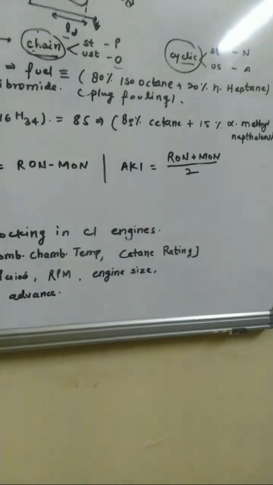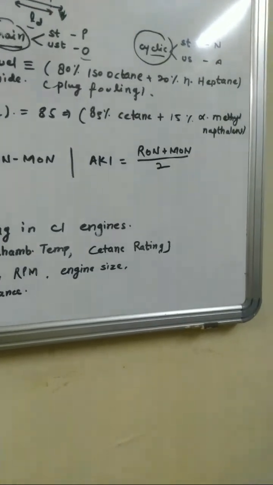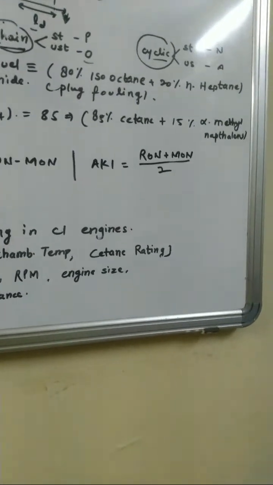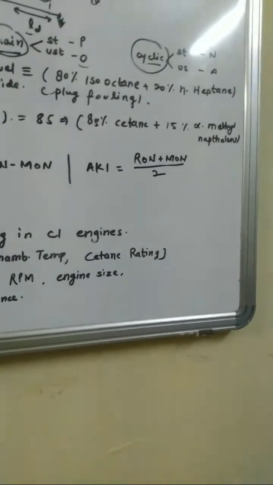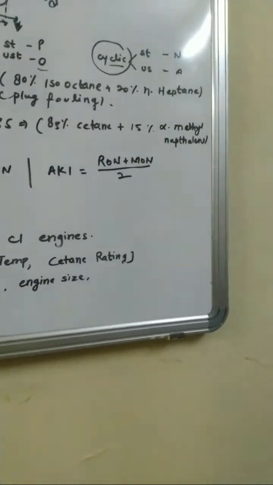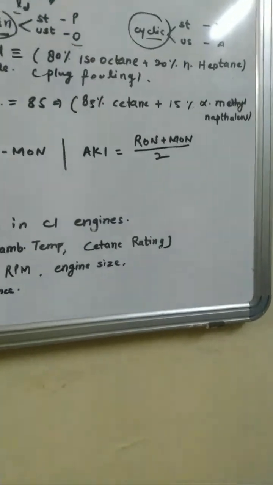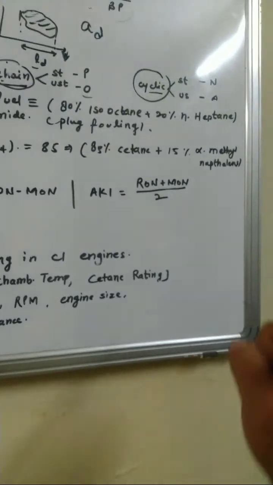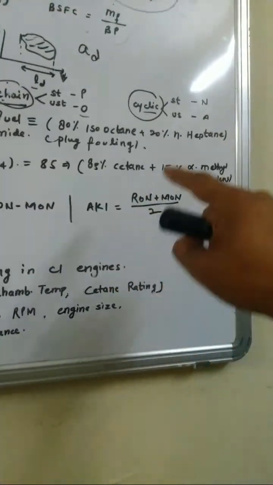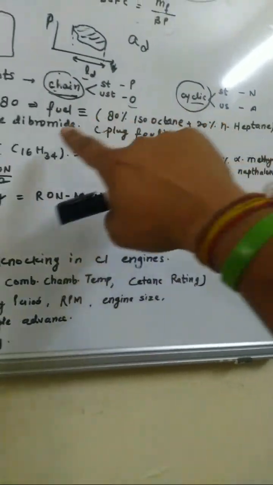The octane rating of this mixture will be 80, and the fuel which we are using in our engine is equivalent to the quality of this fuel. So this is the significance of the octane number.